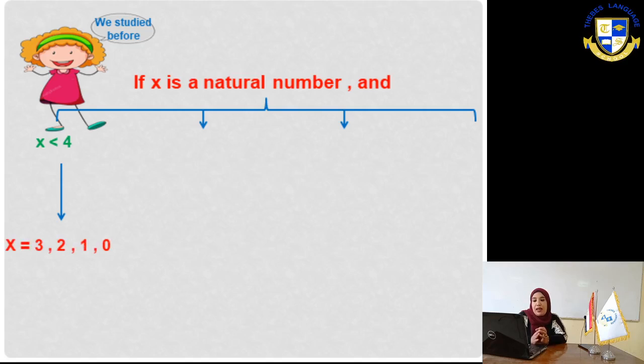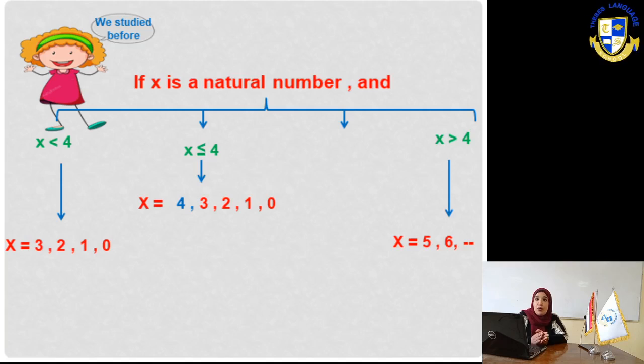But when I say X is a number smaller than or equal to 4, it's a new sign, smaller than or equal to. That means the number will be smaller than or equal to 4, so it will be 0, 1, 2, 3 and also 4.